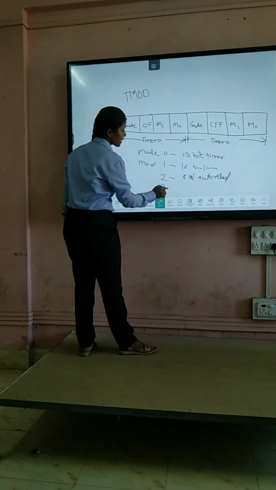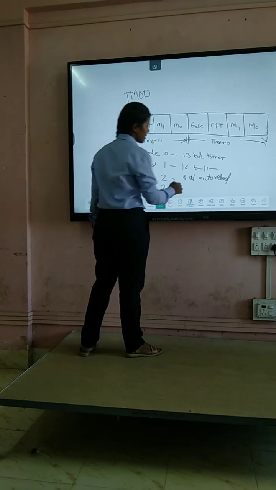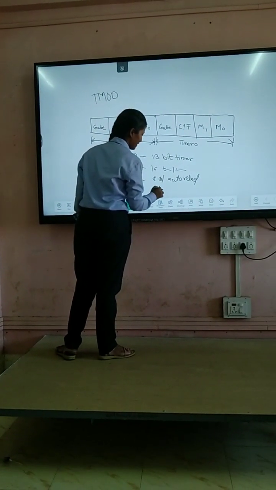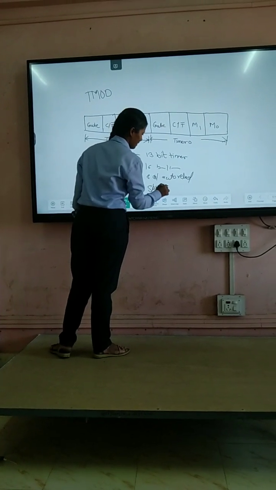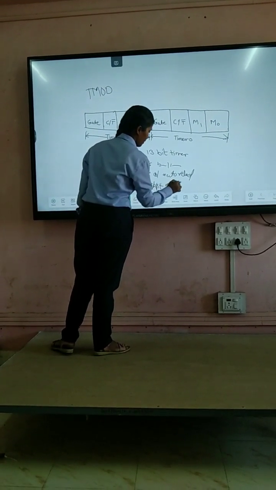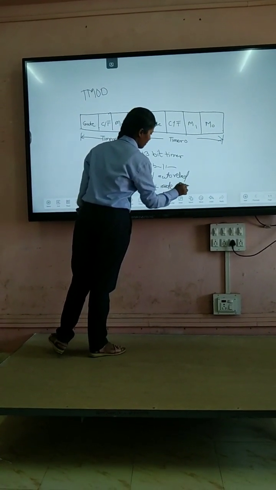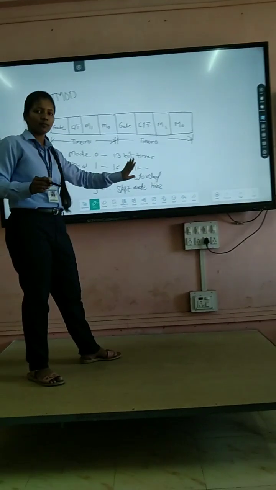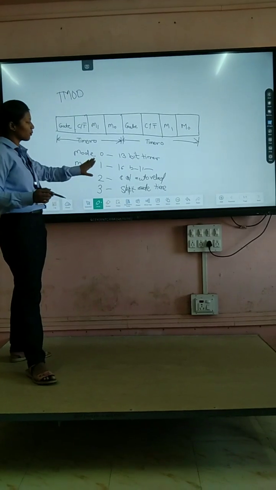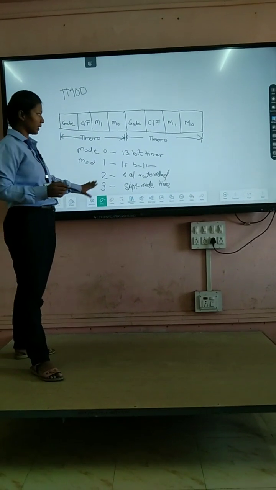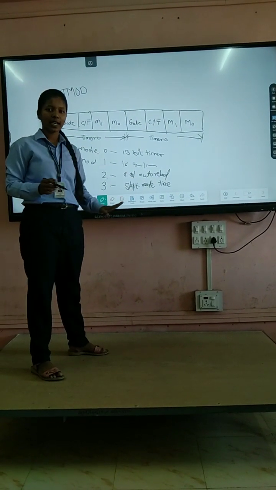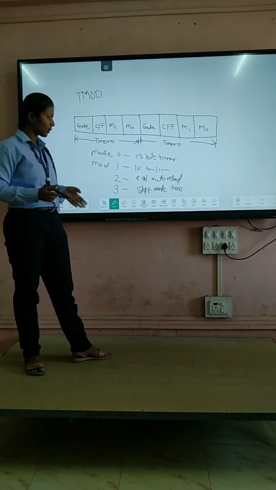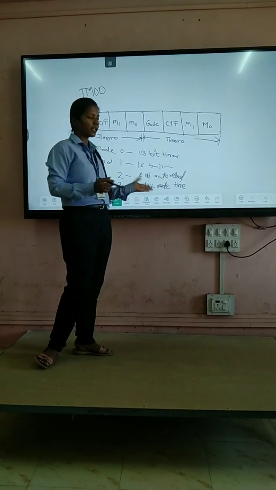And last one is mode 3, it is split mode timer. M1 and M0 select 4 modes: mode 0, mode 1, mode 2, mode 3. Mode 0 is 13-bit timer, mode 1 is 16-bit timer, mode 2 is 8-bit auto reload, and mode 3 is split mode timer.